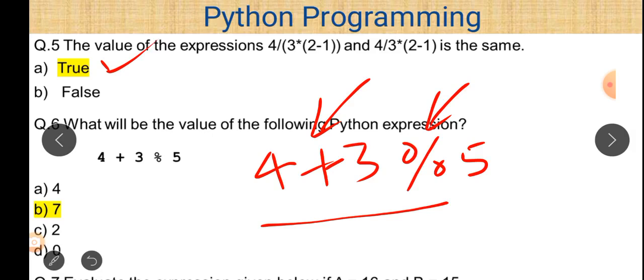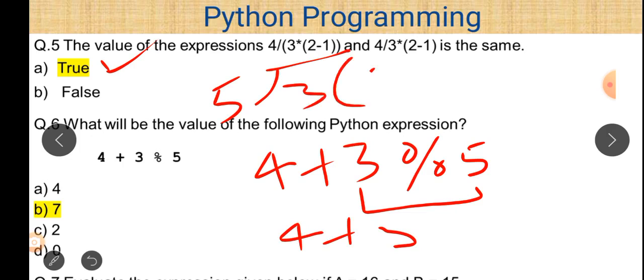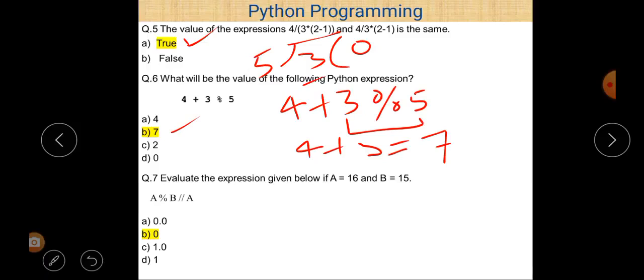So the first part to be solved is 3 modulo 5, and 3 modulo 5 is 3, because the remainder is 3. So 4 plus 3 equals 7. 7 will be our answer. Now you can see on the screen, 7 is the correct answer. I think it is clear to all of you. Let us take another question.